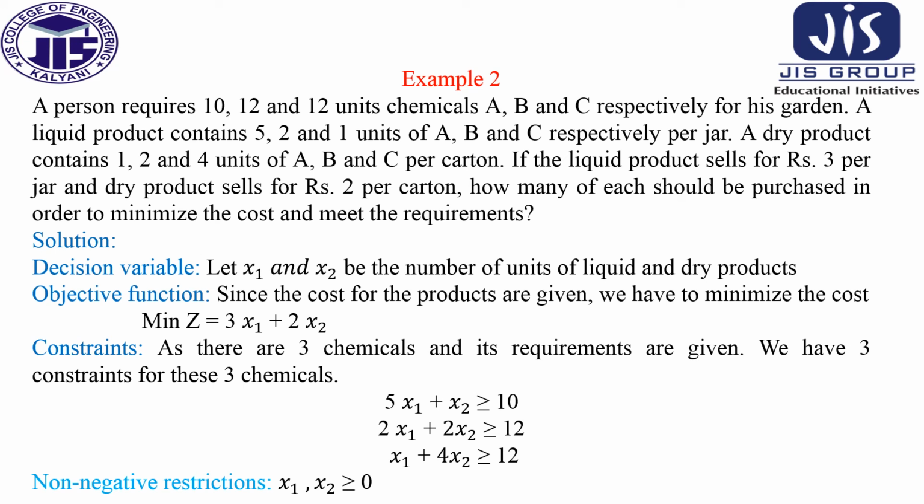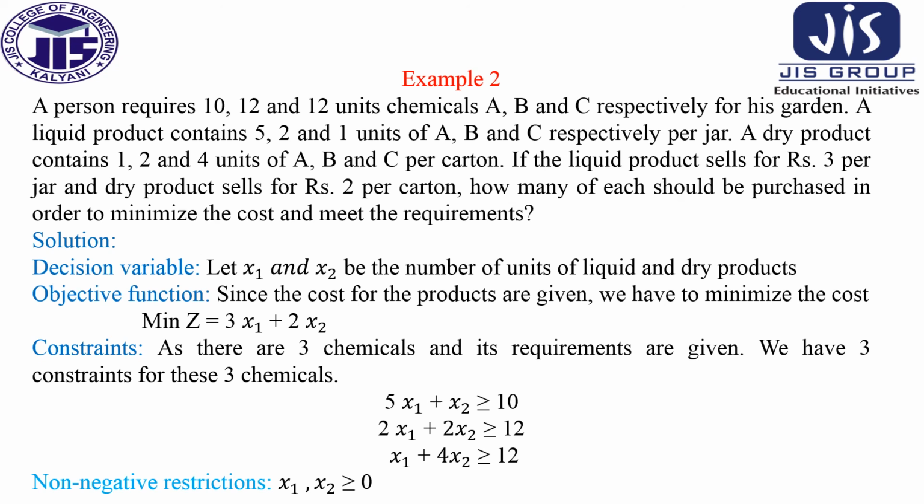And the third constraint is developed for chemical C. The minimum requirement of chemical C for his garden is 12 units. A liquid product contains 1 unit of C per jar, so this will be 1 into x1, plus a dry product contains 4 units of C per carton, so 4 into x2.